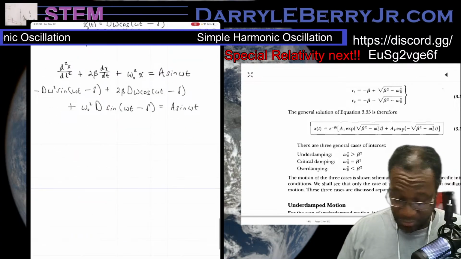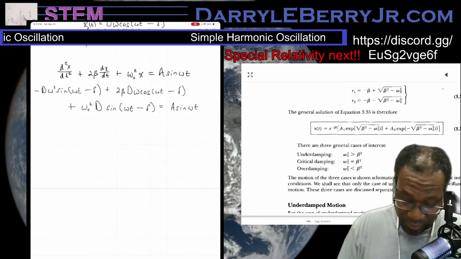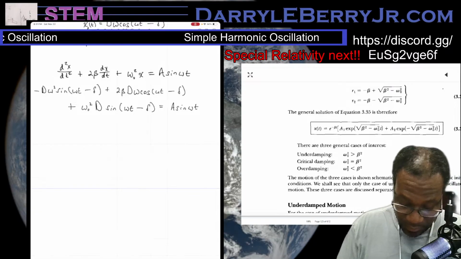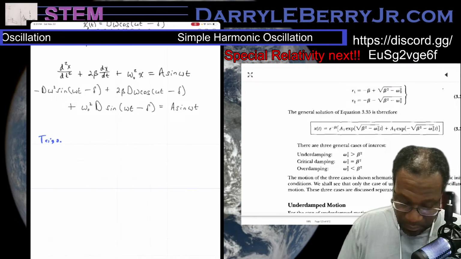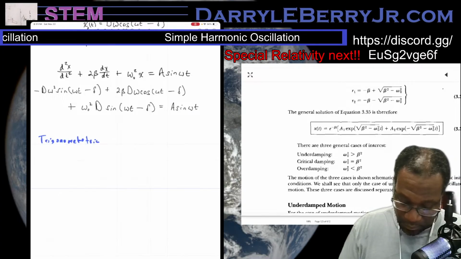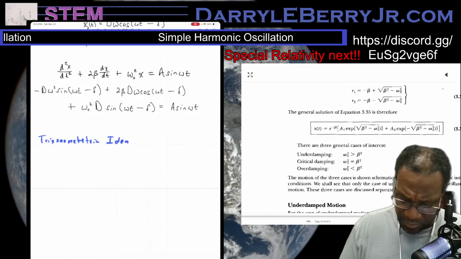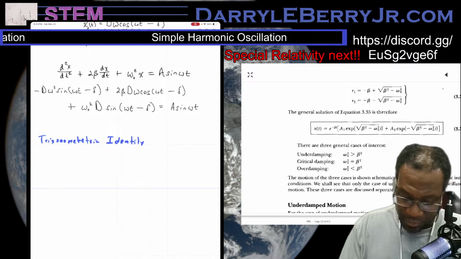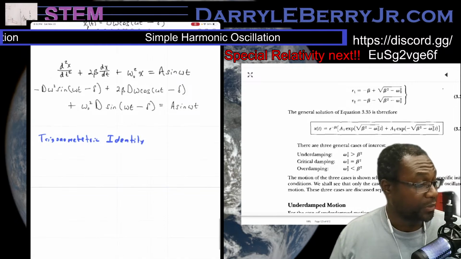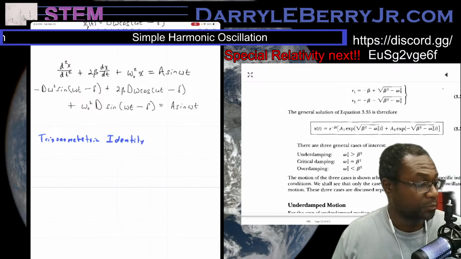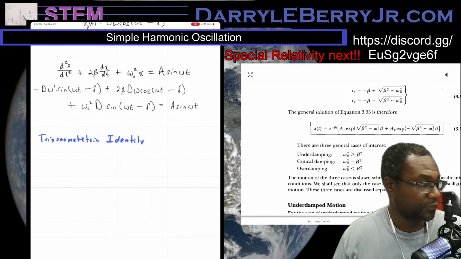Now what we need to do to simplify this is use a trigonometric identity. Which one are we going to use? I only have negatives, I believe.